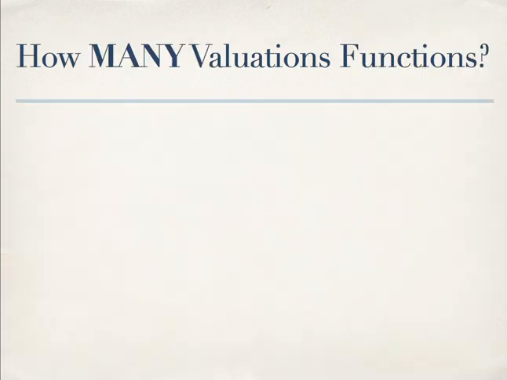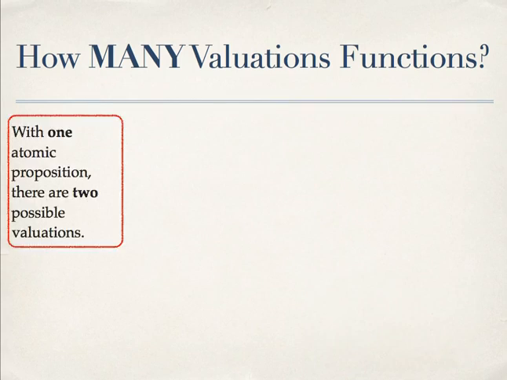You might wonder at this point, how many valuation functions are there? Well, this depends on how many atomic propositions we are considering. If we are considering only one atomic proposition, then there are only two valuation functions: the one that assigns 1 to the atomic proposition under consideration, and the one that assigns 0 to it. There are only two possibilities.